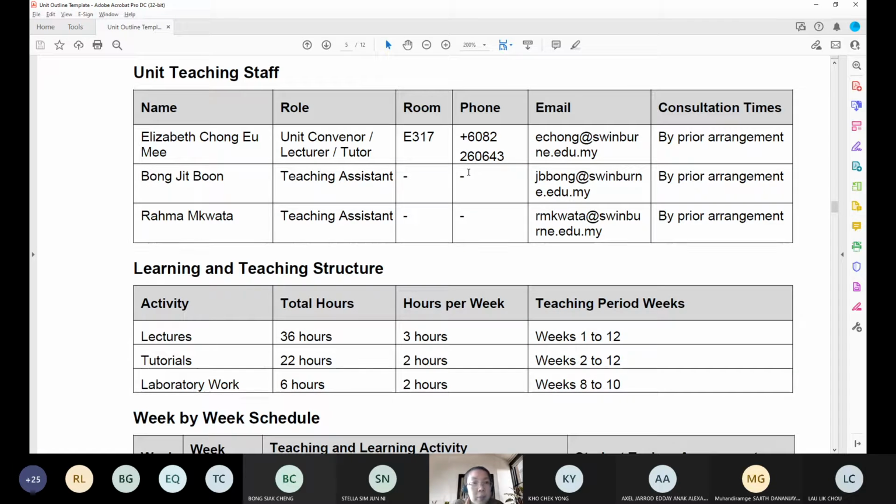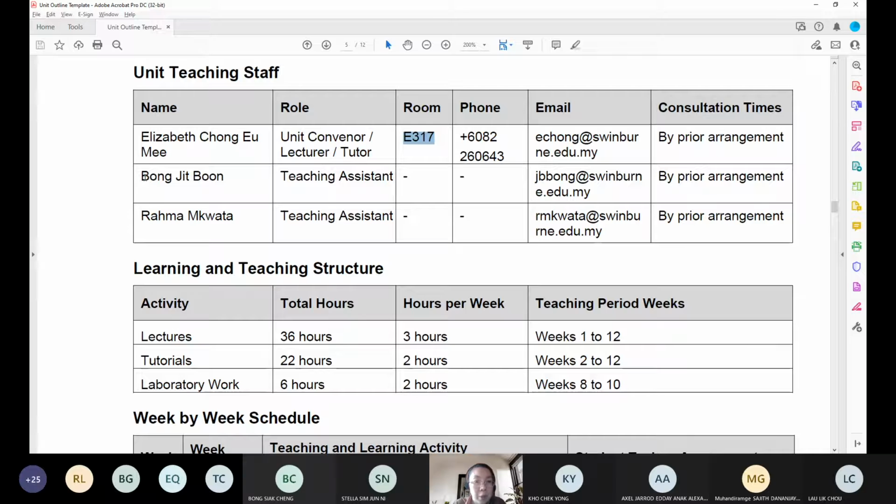Teaching staff: I'm Elizabeth, the unit convener as well as the lecturer and your tutor. My office is in E317, opposite the faculty office, and my email is echong at swinburne.edu.my. Consultation times are by prior arrangement.